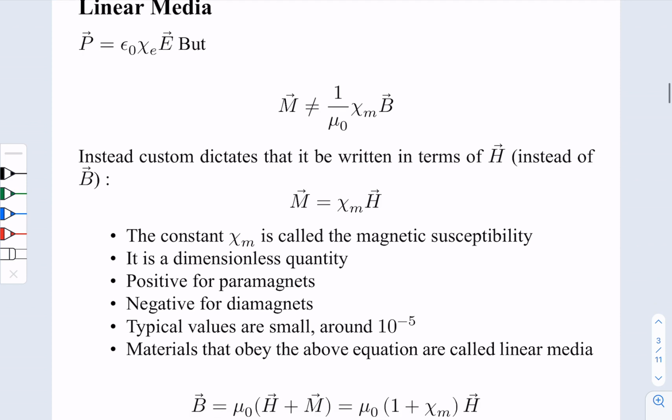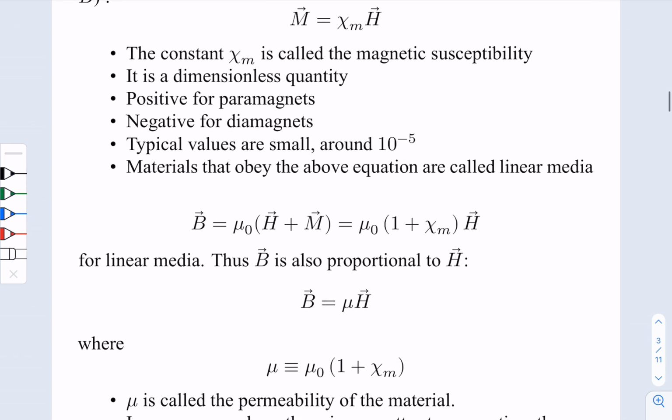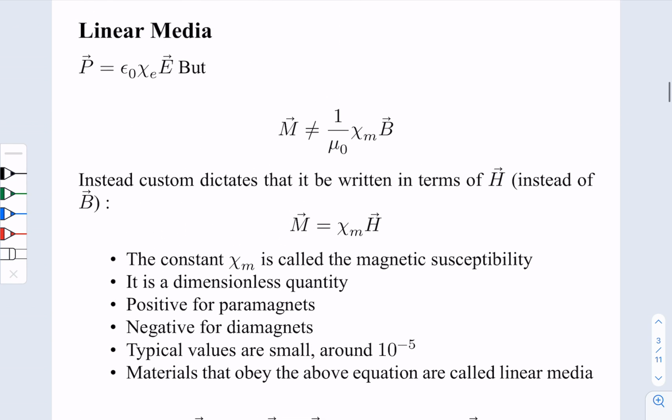Another thing you want to be careful about is that M has the same unit as H, whereas P doesn't have exactly the same unit as E. So when you are doing a mapping between a magnetostatic problem and an electrostatic problem, you have to pay attention to the units of these quantities.